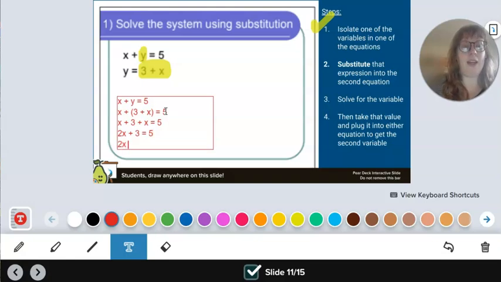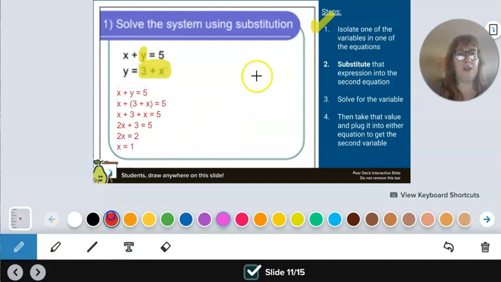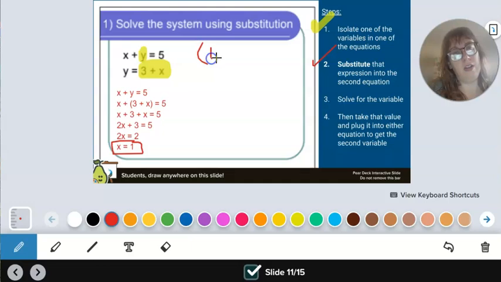Subtract 3 on both sides to get 2x equals 2. And then divide both sides by 2 to get x equals 1. So that is step 2. And we ended up with part of our solution. And step 3, solve for the variable.